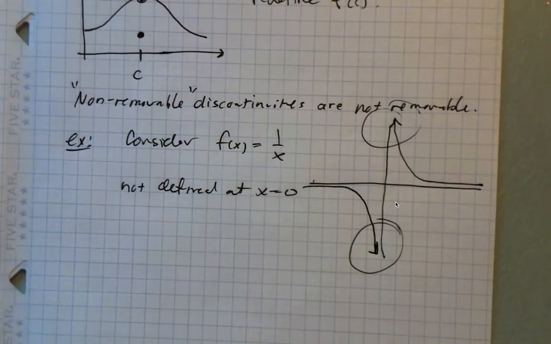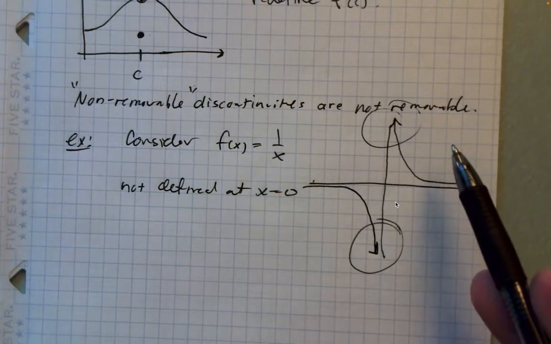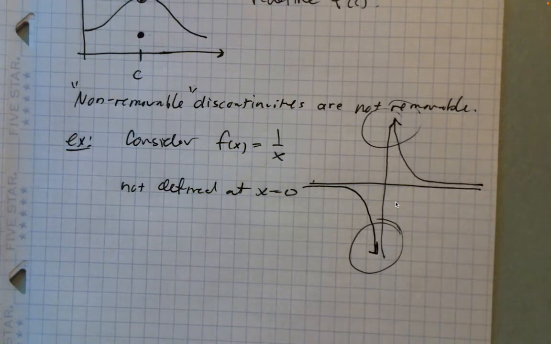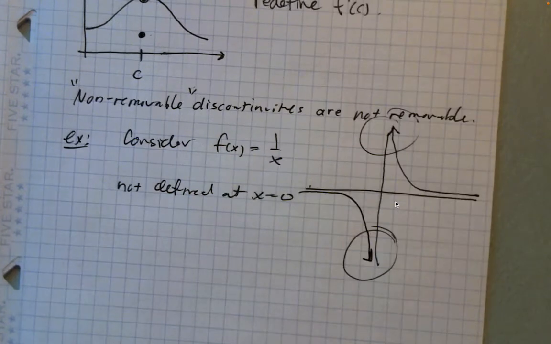You're not going to get continuity by redefining the value of the function at a single point, namely because this one decreases without bound on this side, and it increases without bound on that side. The limit will never exist no matter how you define the function at 0. Okay, so that's a good example of a non-removable discontinuity.